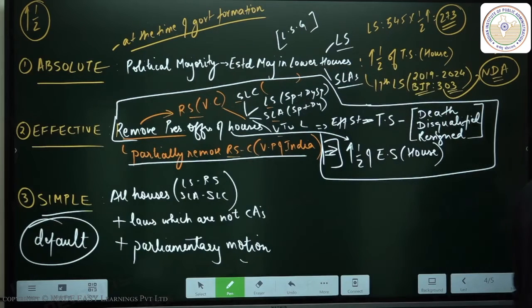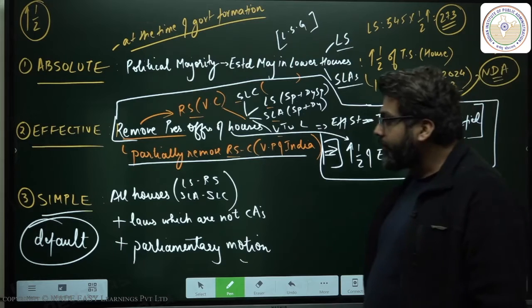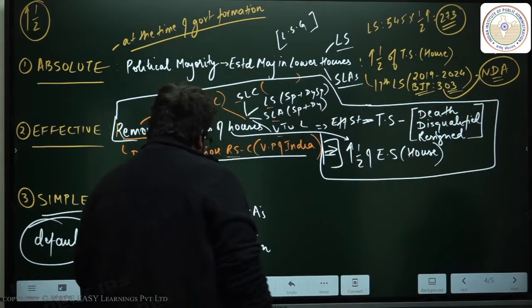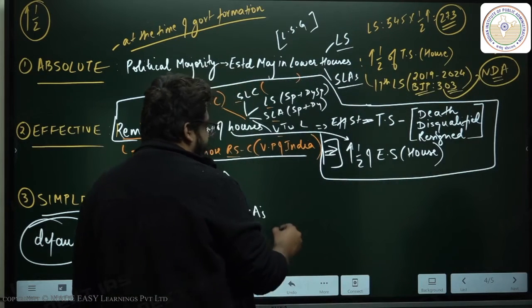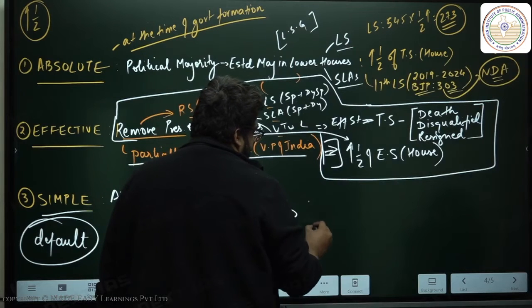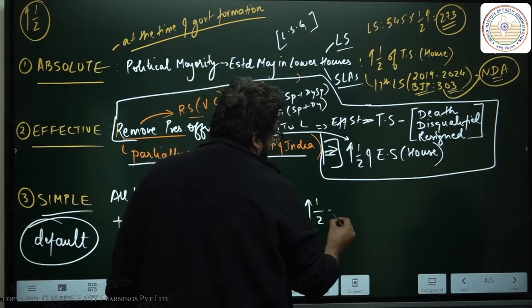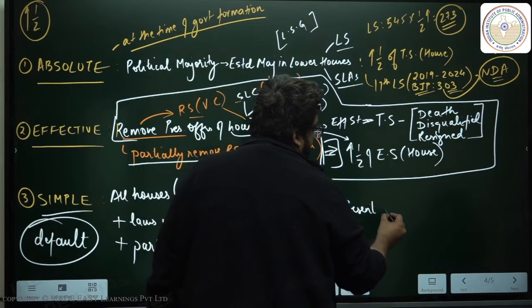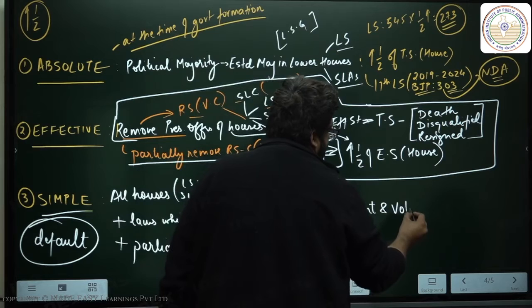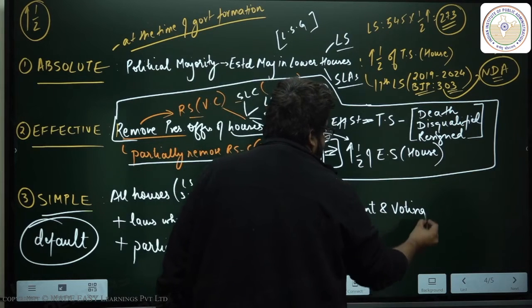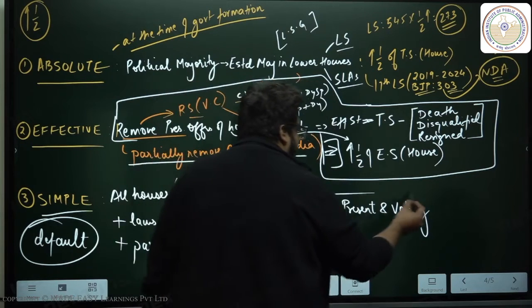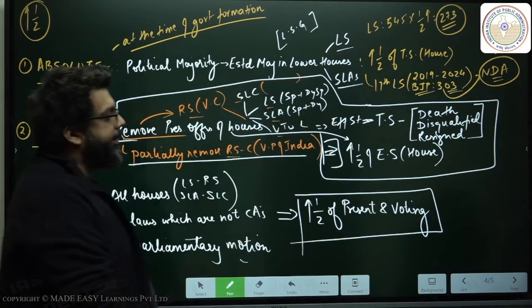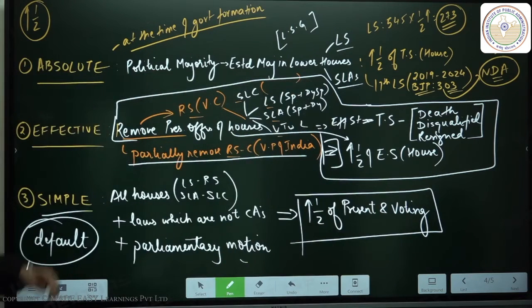Okay? Understood this? Right? Now, simple majority is, this is how it is. Your mathematical calculation is more than half of those who are present and voting, because those who are present and not voting are abstaining. So more than half of present and voting is your simple majority. All right.